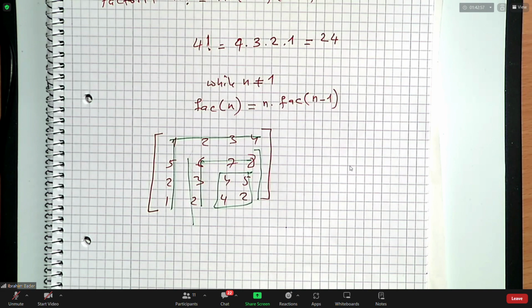Yes, I'm sorry, but these are the slots that are available. Okay, no worries.